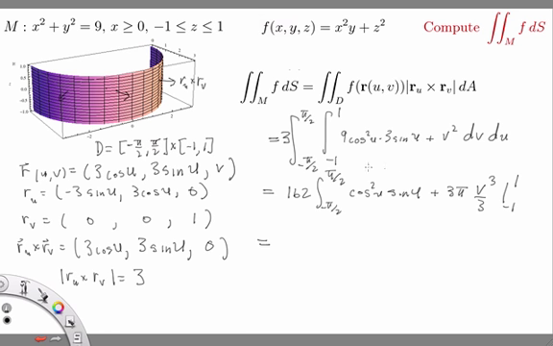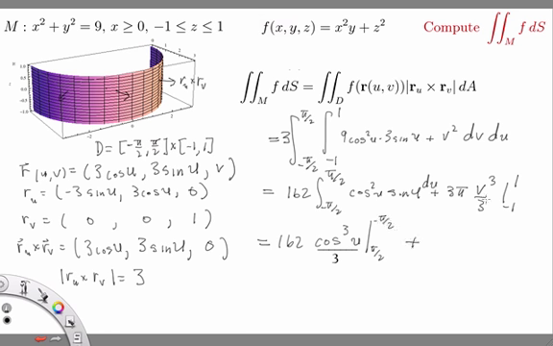Okay, so taking a look at this integral, what do we have? If I do a substitution for cosine u, then the derivative is negative sine u du, which is close. I'm just off by a minus sign. So in the end I get 162 cosine cubed u evaluated from pi over 2 to negative pi over 2, which accounts for the minus sign.